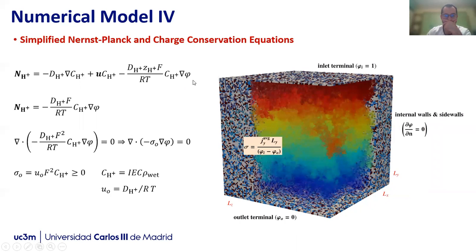What we have is the part due to migration, with the ionic potential. So this is the flux. Then we take the divergence and we conserve the flux, and we get this expression to solve for the ionic potential.